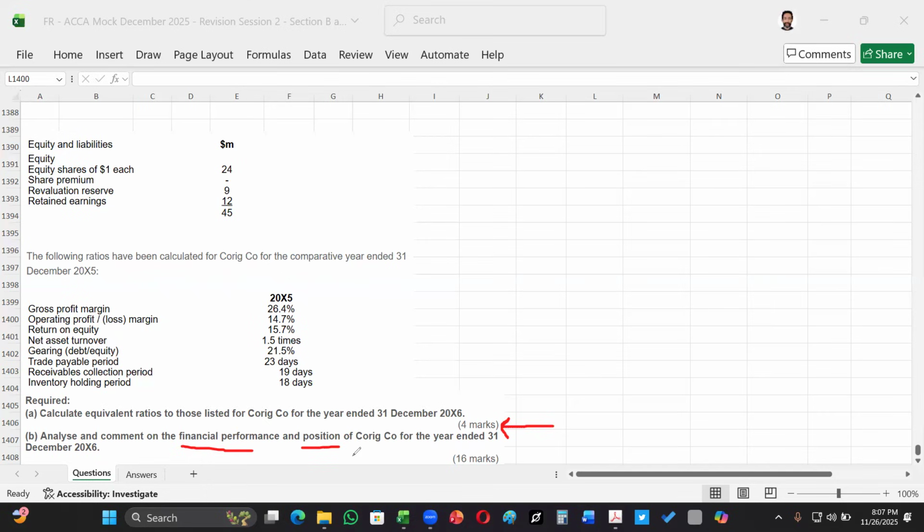The examiner designs the interpretation question in a way that those points are there as hints, and those must be used in your answer. So while going through the data available, we're going to look at each and every point and relate it to the results, and make our analysis more realistic. By realistic, I mean it is going to be related to the situation of this company, that is Corico. Okay, so I hope you understand.